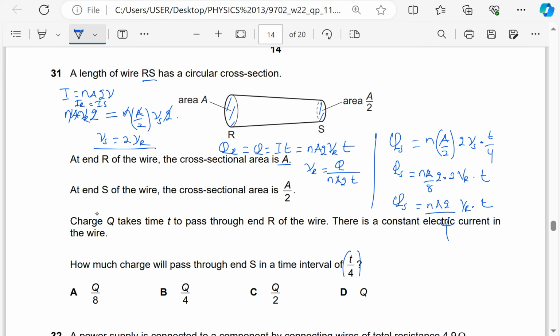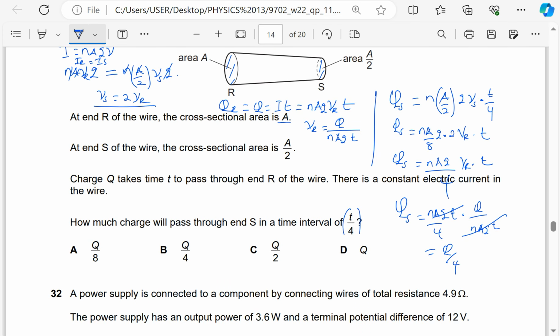Remember, VR is Q over NAqt. So I'm just going to substitute. QS is going to be NAq over 4 times t times VR, which is Q over N A small q times t. N A small q times t cancels out and I remain with Q over 4. So if the charge on the other side is Q, the other one is going to be Q over 4. So the answer is going to be B.